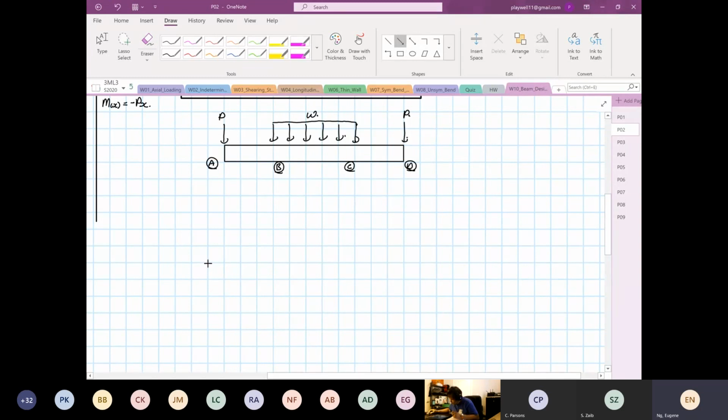So this is our shear force diagram. Why I'm doing this is because later on, after today's lecture, you can see what sort of load, if a point load, how your shear force diagram looks like, and on a distributed load, how your shear force diagram will look like.